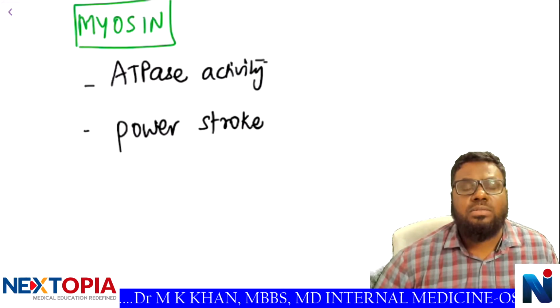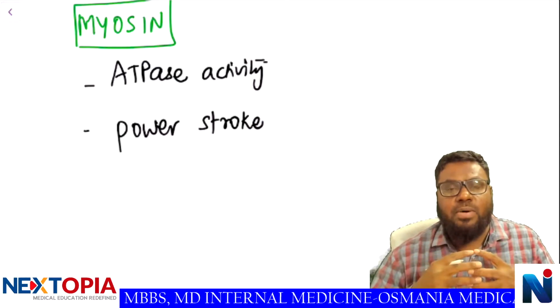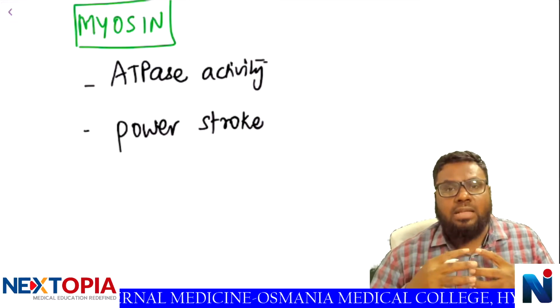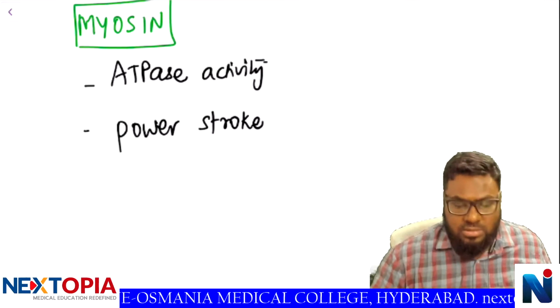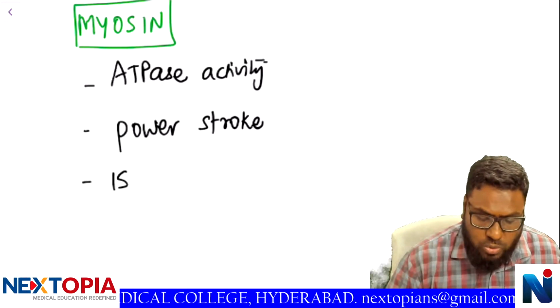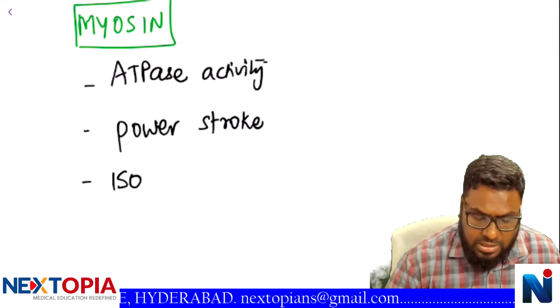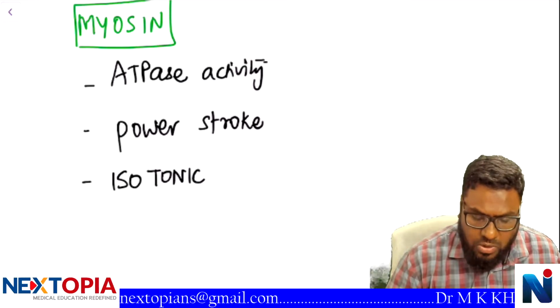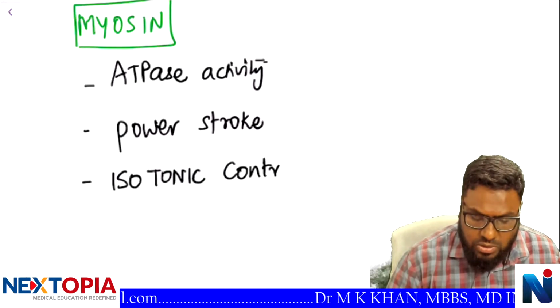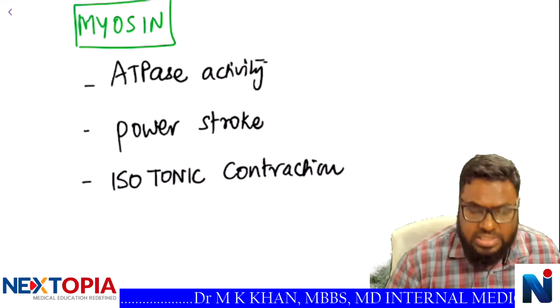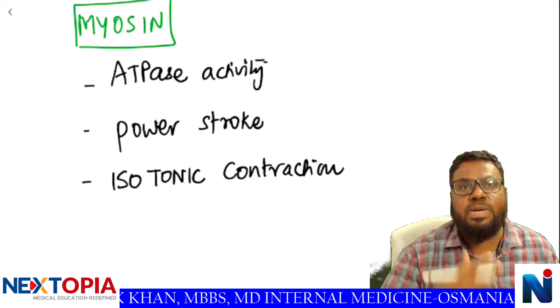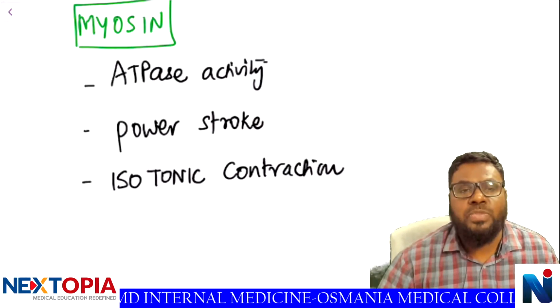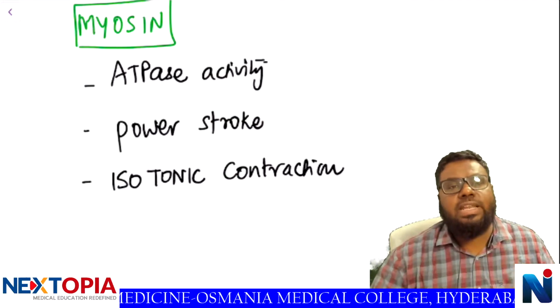And if there is any force generated in the power stroke, the muscle shortens. This results in isotonic contraction. So in this power stroke, if a force is generated, it is transmitted onto the muscle as a load, and then the muscle shortening occurs.